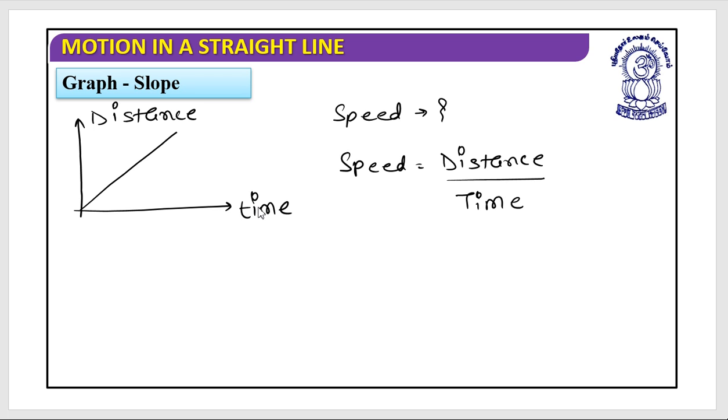Now, listen to me very carefully. Distance is on y-axis. So basically, what you wish is delta y, and time is on x-axis. So this is delta y by delta x. Now, what was delta y by delta x for us? Yes, you are correct.